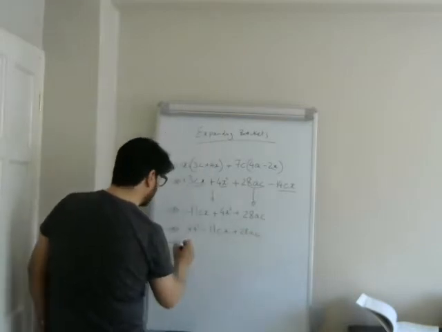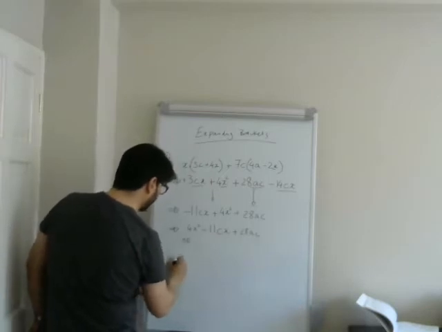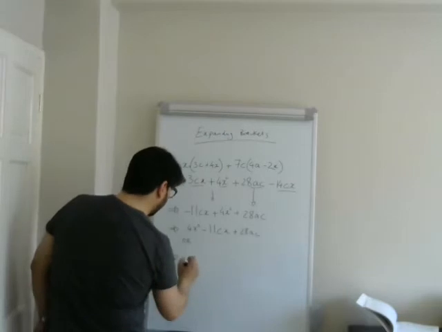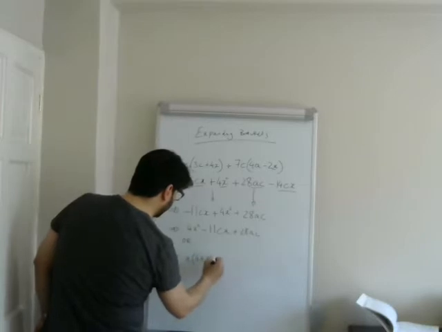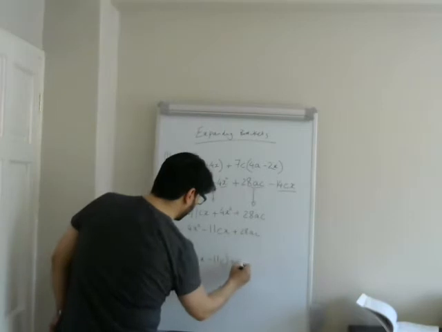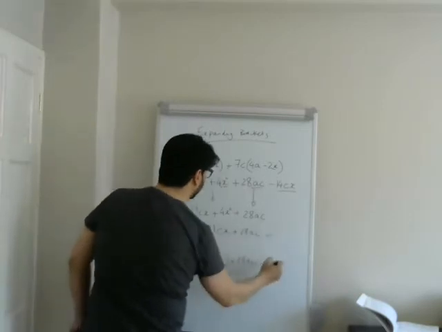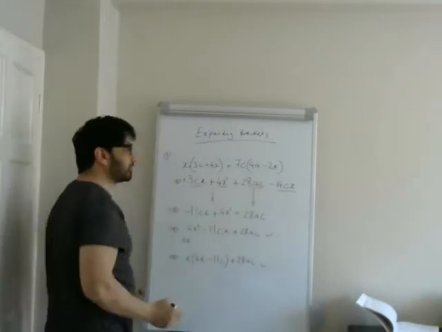Or you can also do this. x you can take out. That leaves you with 4x minus 11c plus 28ac. So both answers are correct for this algebraic expression.